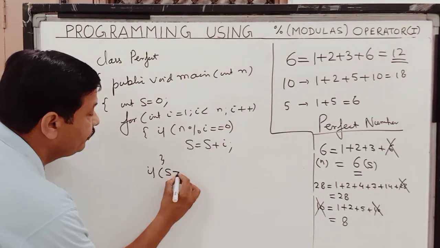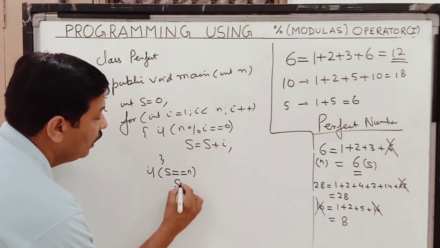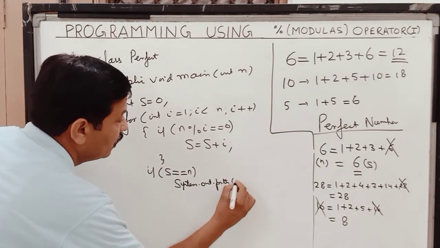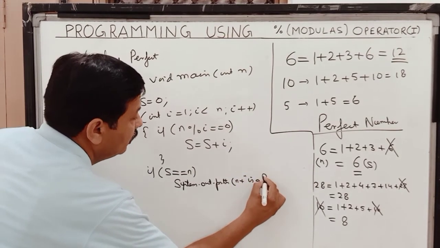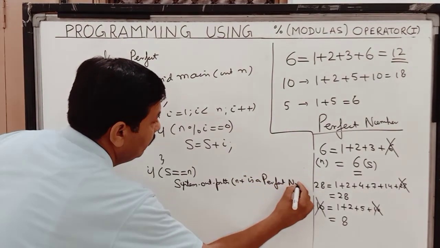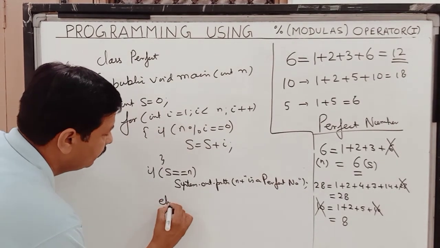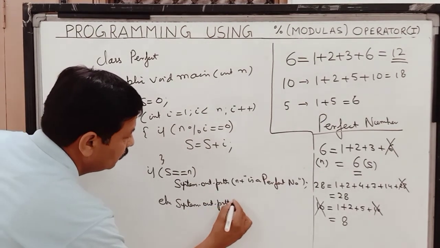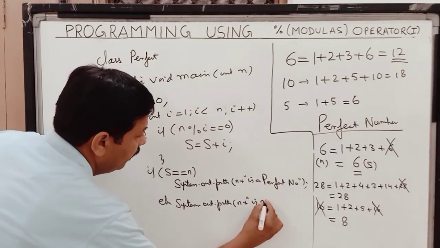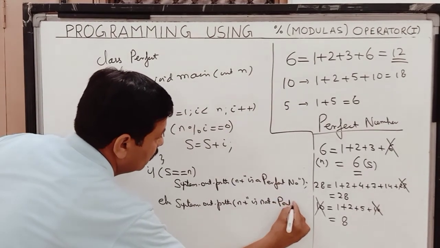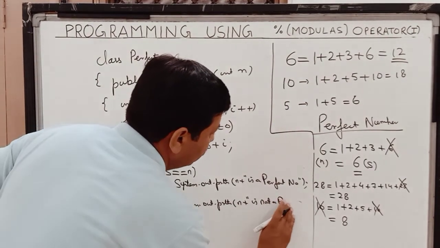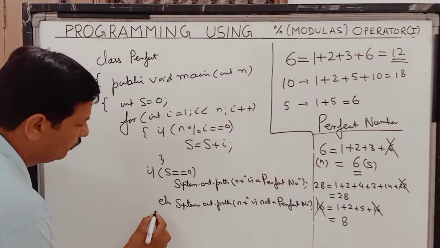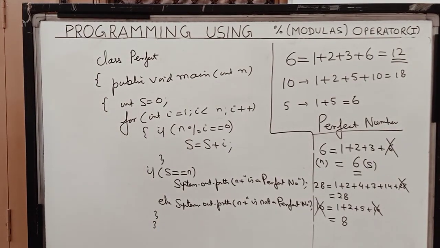If my sum is equal to n, I will print n is a perfect number, and else I will print that n is not a perfect number. So children, I hope this program is clear to you.